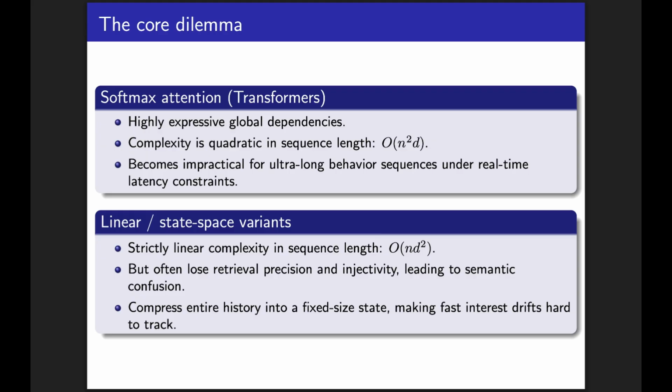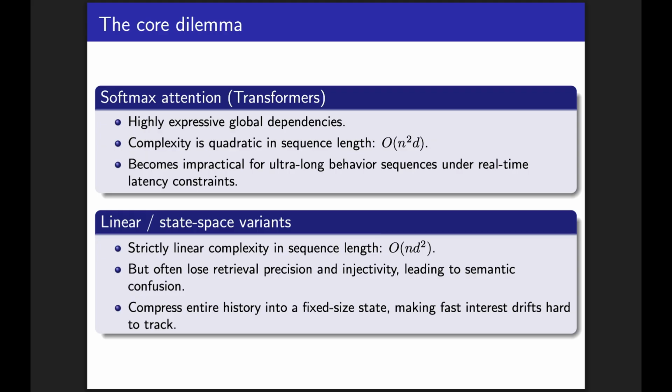But this is more manageable because D is usually much smaller than the sequence length n. We still consider these implementations linear in the sequence length, and we don't pay too much attention to the quadratic part of this complexity, which is in D.